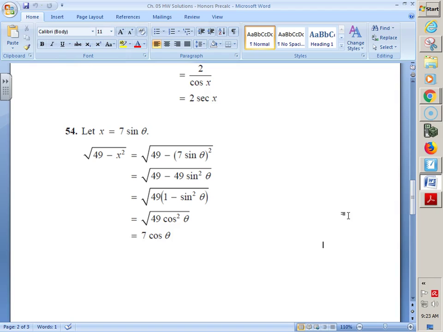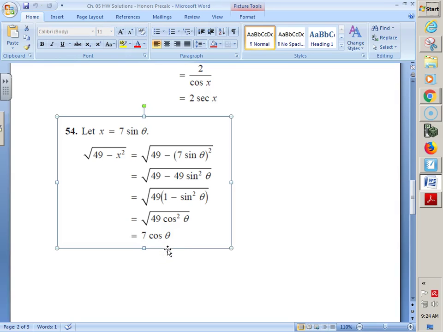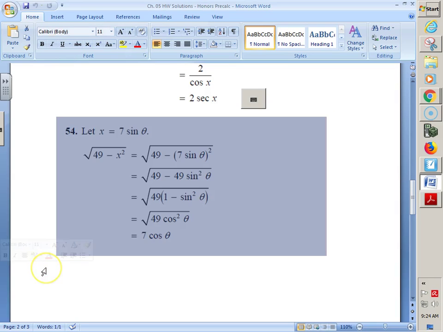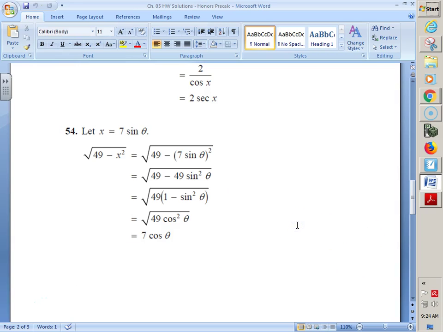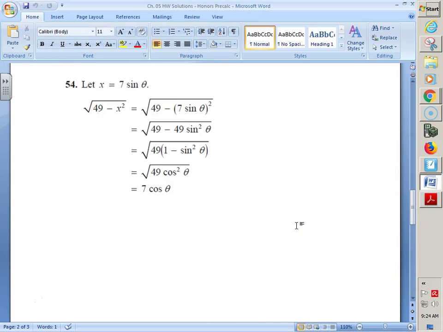You can pull out a 49, cosine squared, and then how would I technically make this answer better, best, proper? Absolute values. So should you have an absolute value? Yes. Is there a better answer than the book? Yes. With that, guys, though, I'm pretty sure that's the end.